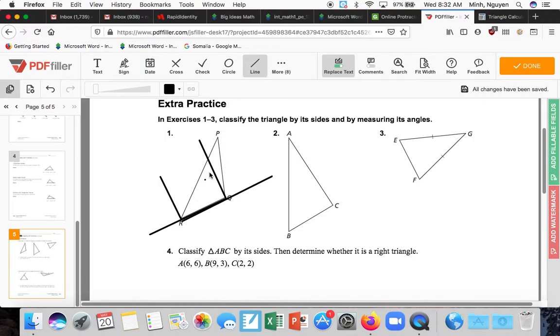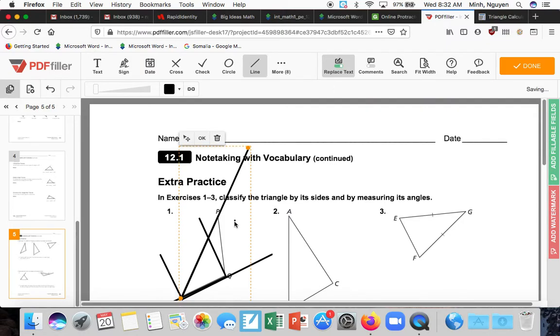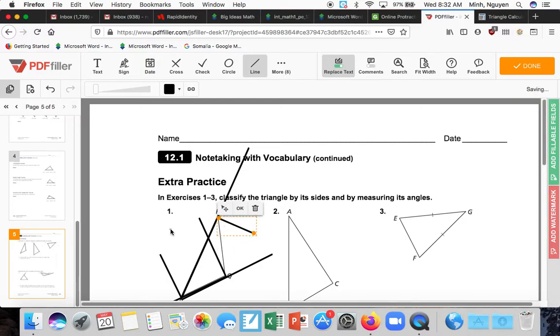Which it is. And then lastly, for P, this is a little bit tougher to visualize, but a 90-degree angle might look something like that. So it's on you to decide whether that reaches up to 90 or not.